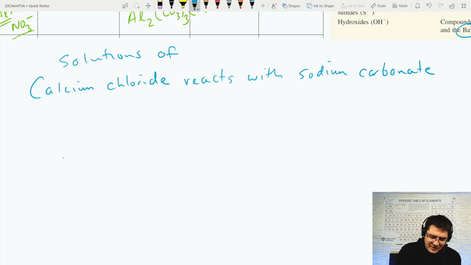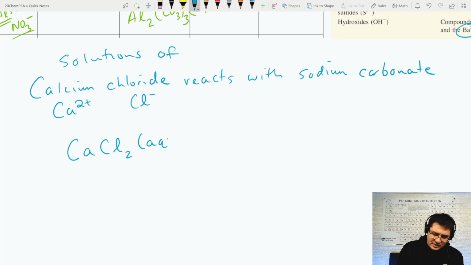So what happens? If I've got calcium chloride, calcium I look up, chloride I look up. So I got to write calcium chloride's formula. That would be CaCl2. And since it's a solution, I write aqueous.